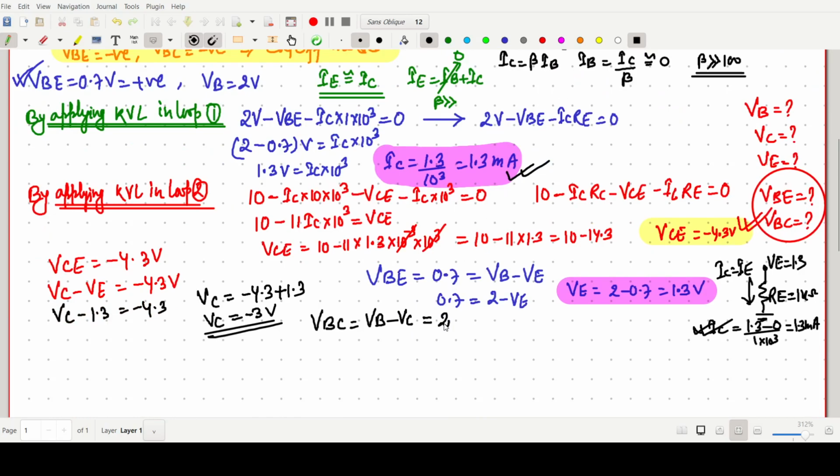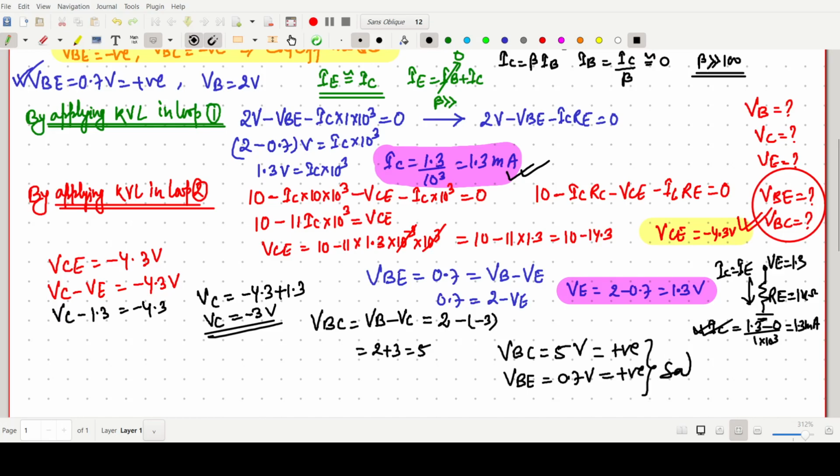So I am writing 2 volt minus VC, and VC is minus 3 volt, so it should be 2 plus 3, so 5 volts. So what we observed is the VBC value is 5 volt and the VBE value is 0.7 volt, and both are positive. So it is working in the saturation region.